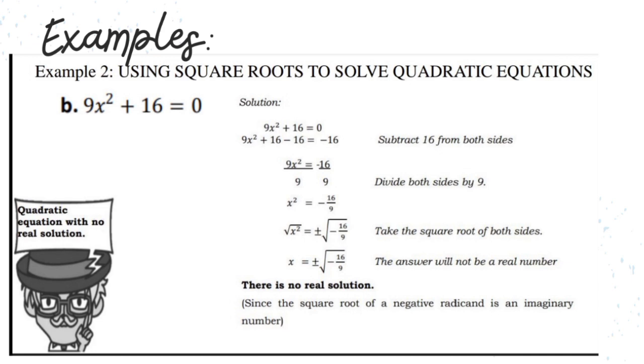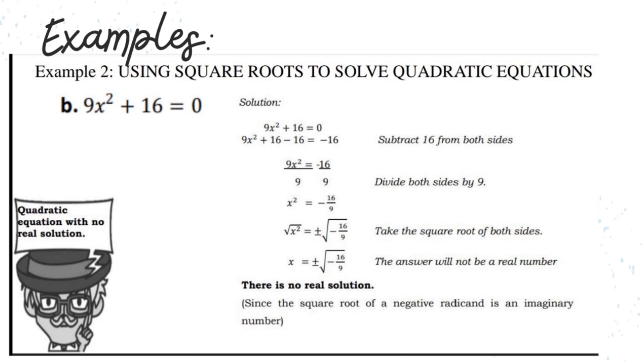As you can see in the fourth solution, we are going to extract both terms now. When you extract x squared, it will result in x. And when you extract negative 16 over 9, it will remain as is. So the final solution will be x is equal to positive and negative square root of negative 16 over 9.